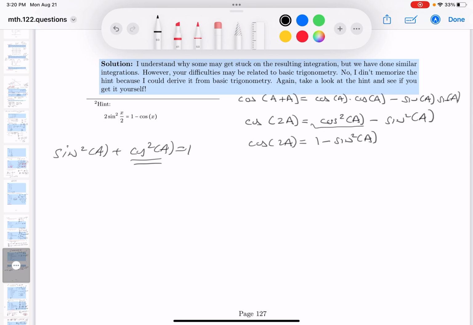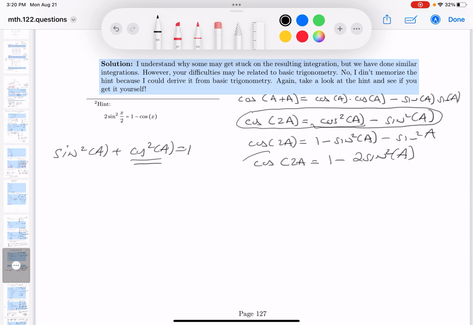All right, we just took care of this. Now what do you get over here? Minus sine squared of a. Let me write this down now. Cosine of 2a. This is 1 minus 2 sine squared of a. All right? So, I kind of have a couple different formulas right now. I got this one for a double angle formula. I got this one for a double angle formula.